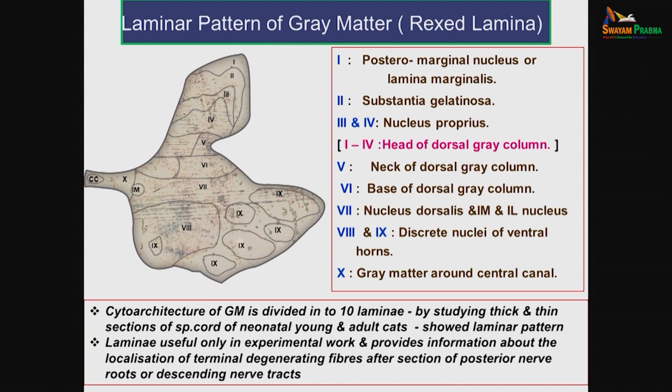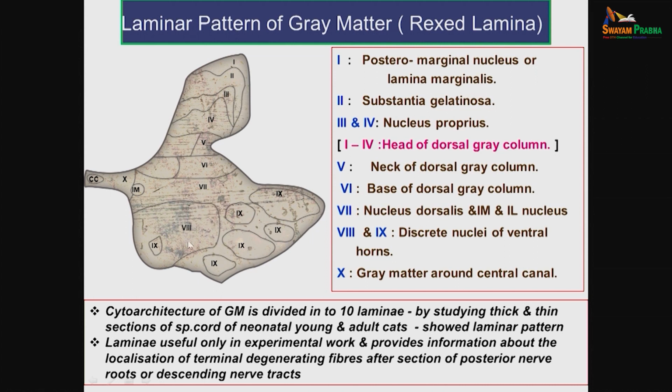5 is neck of dorsal grey horn. You can see in this picture, this is 5. 5th lamina is neck of dorsal grey horn. 6 is base of dorsal grey horn. 7 is the nucleus dorsalis, and also this intermediate region we talked about 2 nuclei, intermediomedial and intermediolateral nucleus. 8 and 9 we talked about various nuclei in the ventral grey horn, medial group, central group, lateral group.